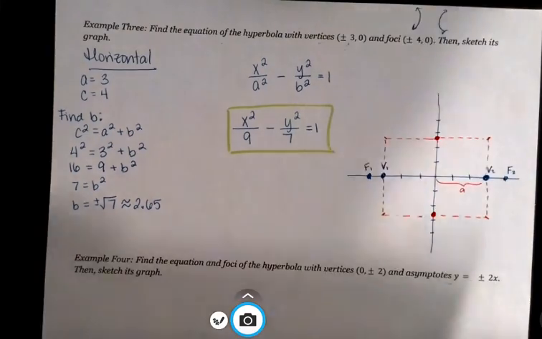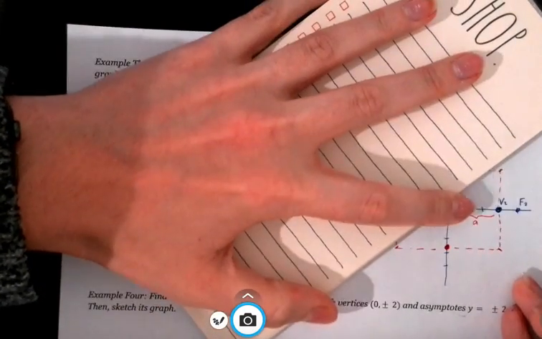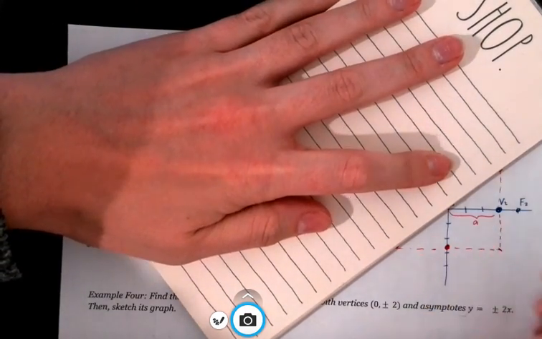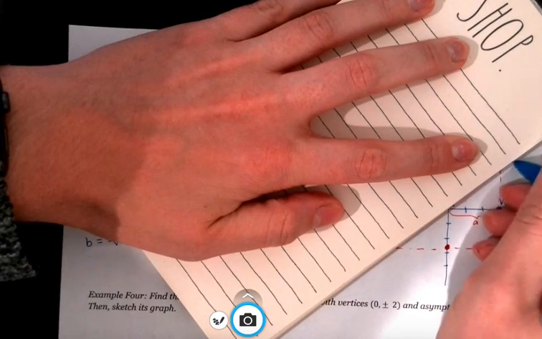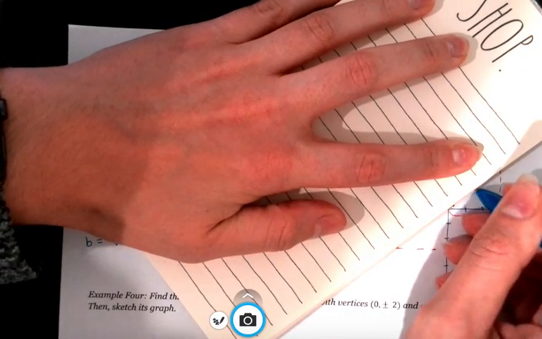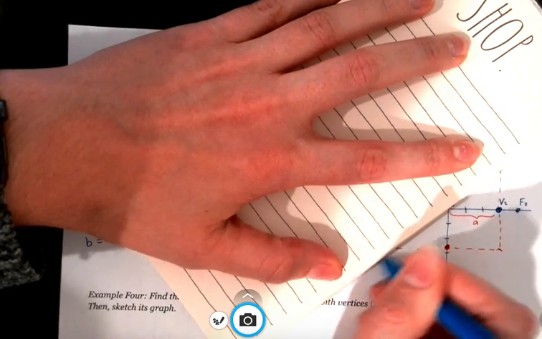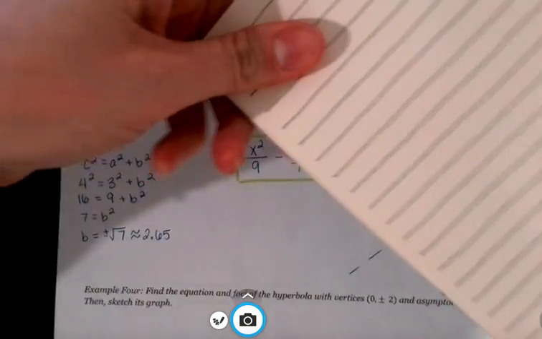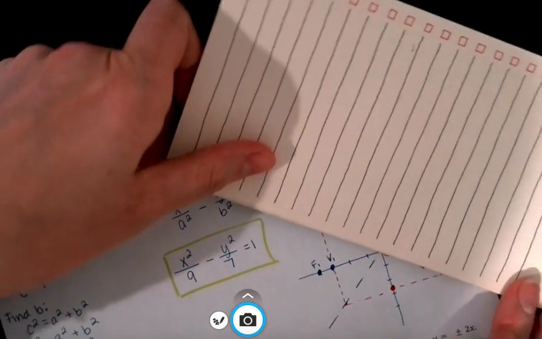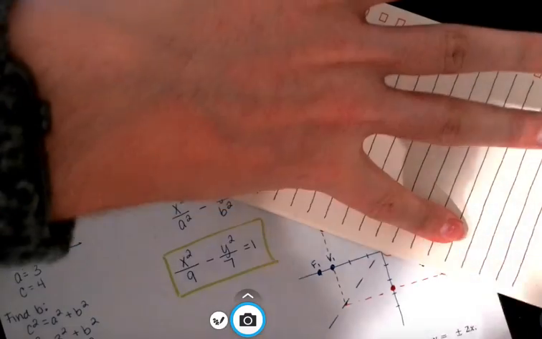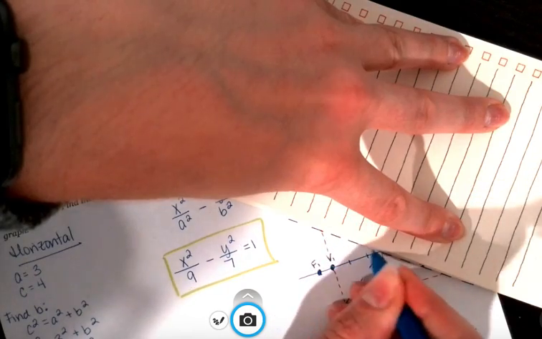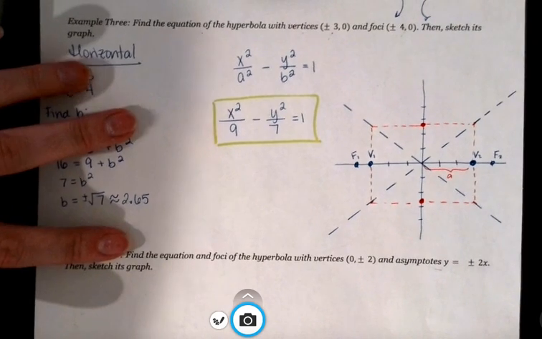So again, I'm using my pad of paper, and I'm going to draw my asymptotes. So there is one of them, and then I'm just going to scoot this down a little bit while I do the other one, and then I'll put it back. Whoa, there we go.